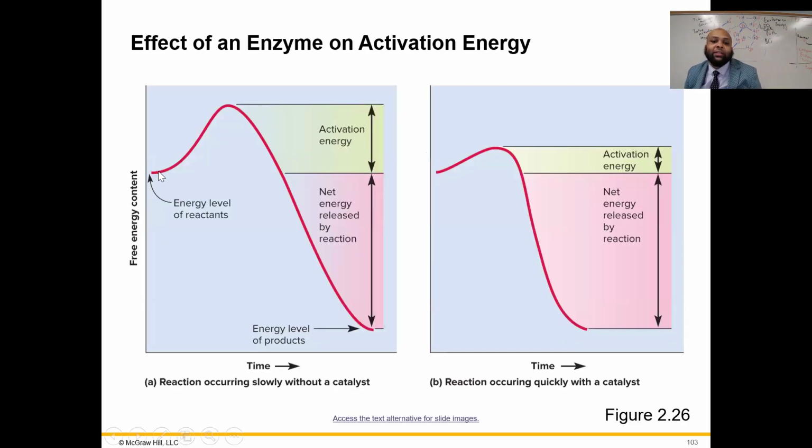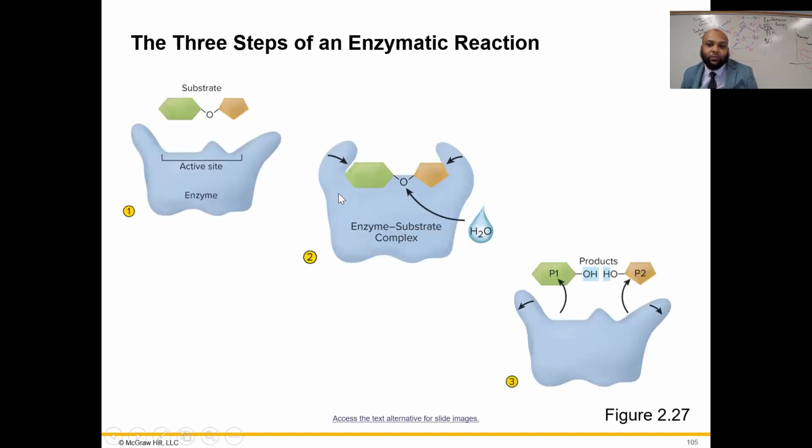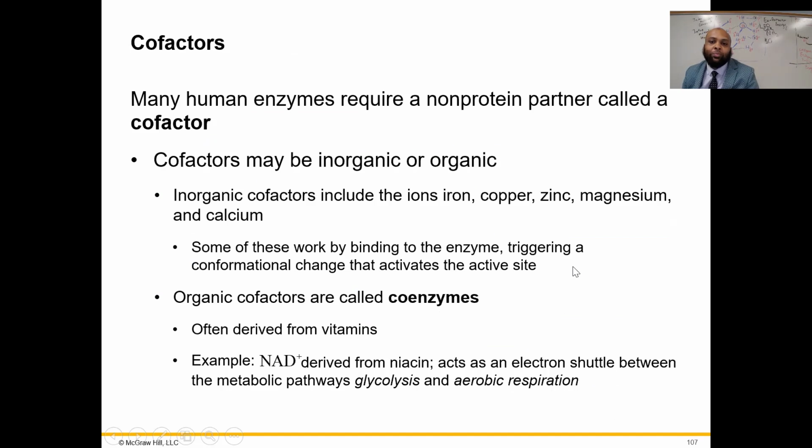We talked about the enzymes. You see what the enzymes do? They lower what? They lower the green. What's the green? The activation energy, EA. Did they affect the red, the net energy? No, they did not affect the net energy. They only affect the activation energy, not the free energy. So the enzyme takes the substrate into the active site and converts it into a product.